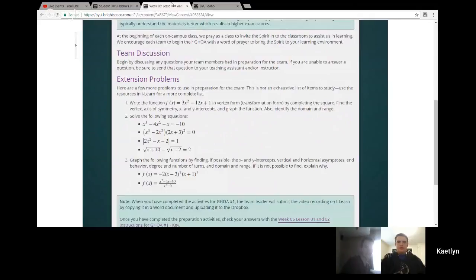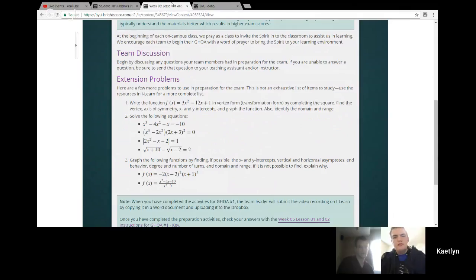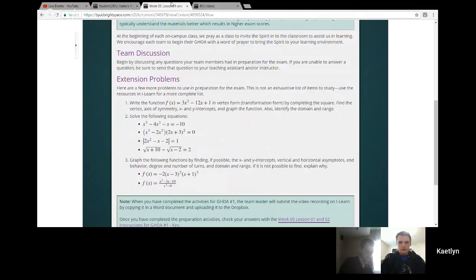I just realized I accidentally put the squared inside instead of on the outside. I do that all the time. You gotta watch that. Yeah, so the vertex is 2 and negative 11. And then the x-intercepts: to find them, you have to set it equal to 0 and solve the quadratic equation.